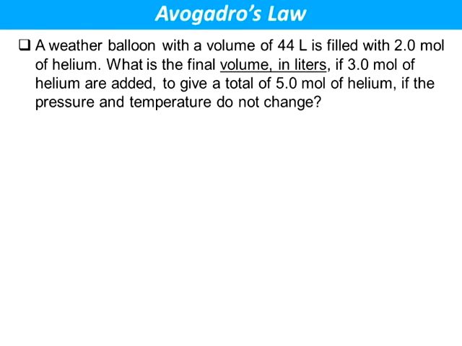What about the next problem? A winter balloon with a volume of 44 liters is filled with 2.0 moles of helium. What is the final volume in liters if 3.0 moles of helium are added to give a total of 5.0 moles of helium, if the pressure and temperature do not change?